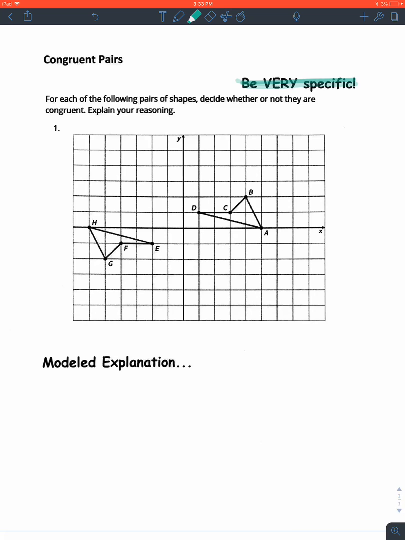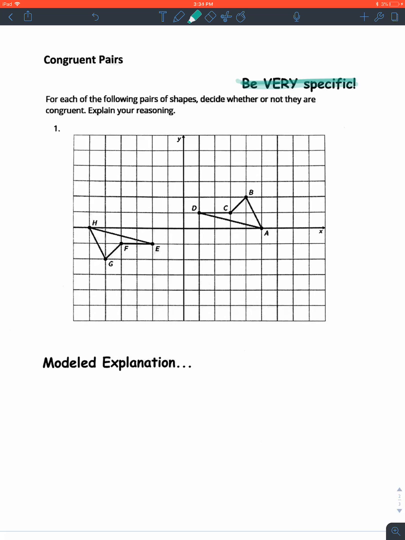Okay, hopefully you have some statements down on your paper, and the idea here is to gather all of the information that you possibly can and then put it into a full explanation of why something is the way it is.